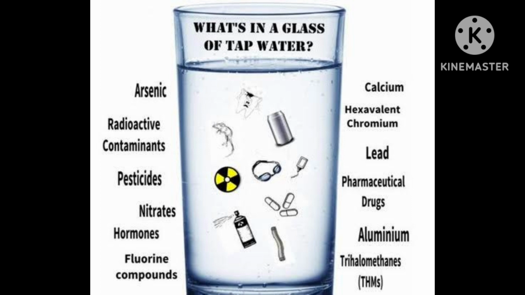Excessive phytoplankton. Phytoplankton means, you have seen green plants, small green plants in ponds or wherever water will be there, a green colored material you will see.